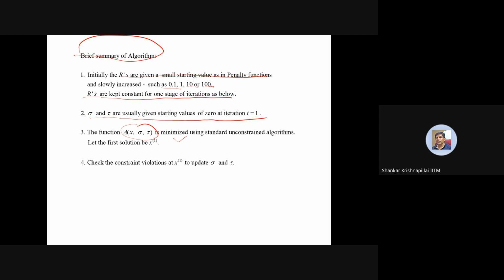And with those constraint violations we can update sigma and tau. And if the convergence is unsatisfactory, the whole process is started with new values of R1 and R2.